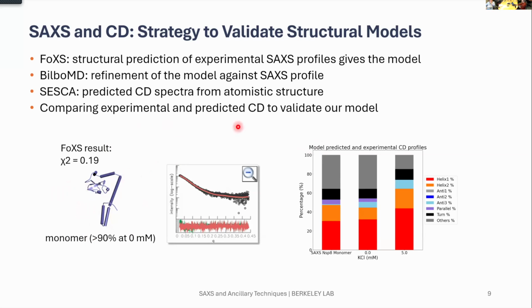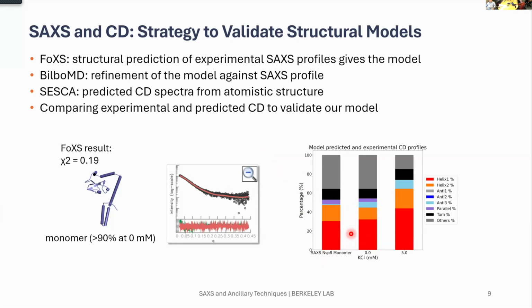Taking the structure, we can convert it to a CD profile. Over here, you can see a distribution of secondary structures from that model, which is quite similar to the distribution of secondary structures from the experimental CD data under zero potassium chloride. So as you can see, we have the monomeric state of NSP8 at 0 millimolar potassium chloride.